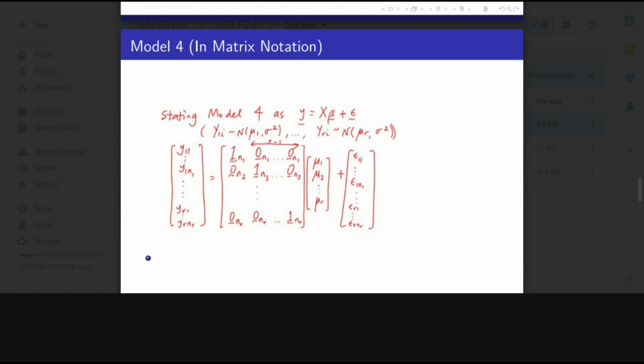This one is 0, N1 long. You have 1, N2 long, and then 0 all the way, and so on. Previously, our matrix was just this part. Last time, we only have N1 and N2. Now, it goes all the way. That's why I show you that slide first. Now, I'll show you this one.